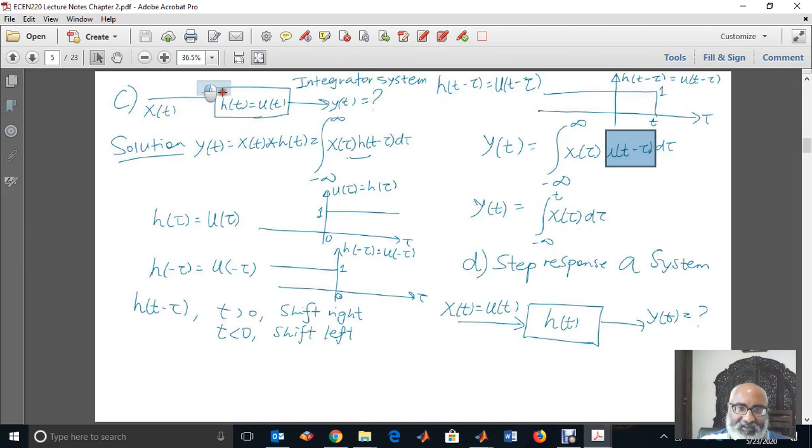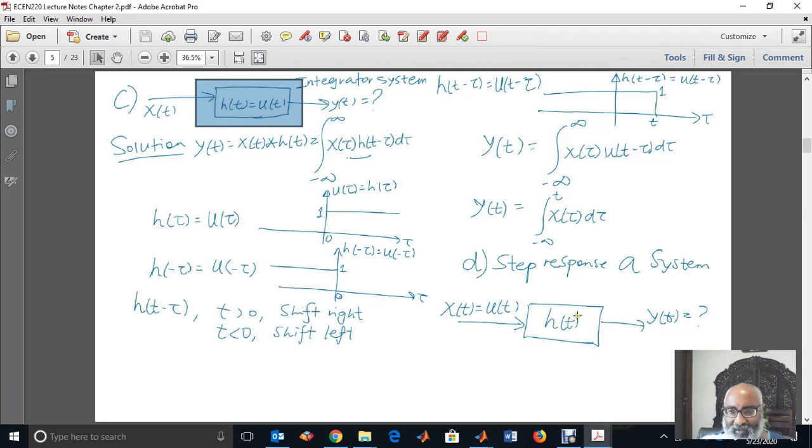This system we call an integrator system. The integrator system gives at the output the integration of the input from minus infinity to t, and the integrator is characterized by h of t equal to u of t, the unit step function.